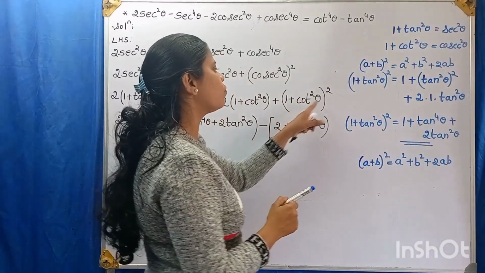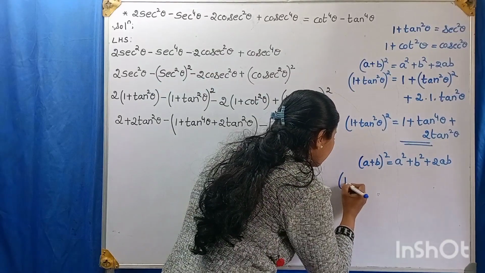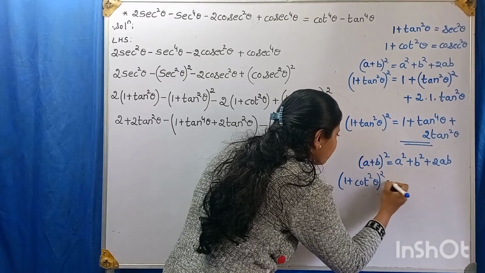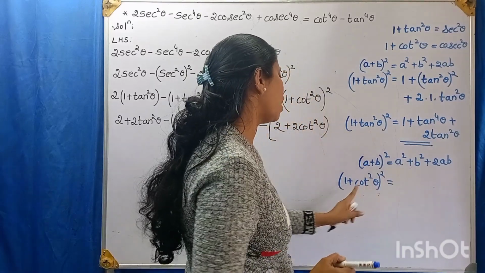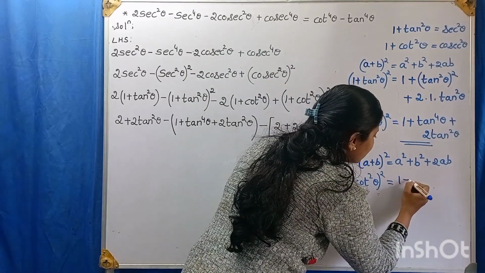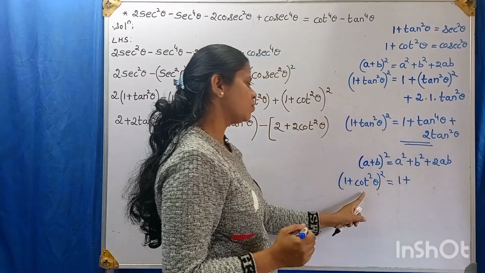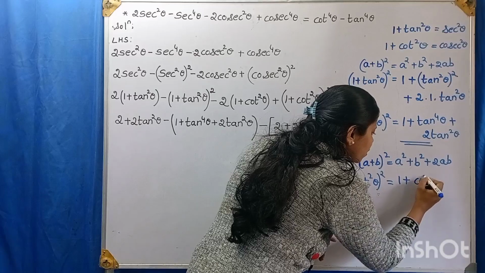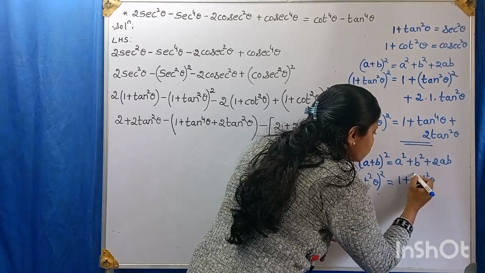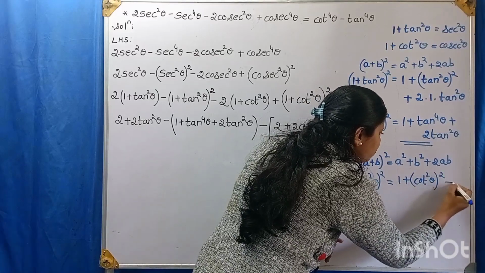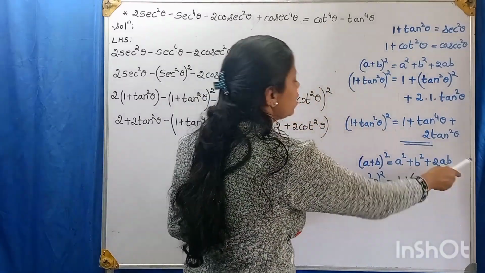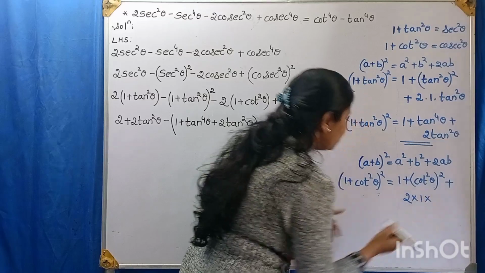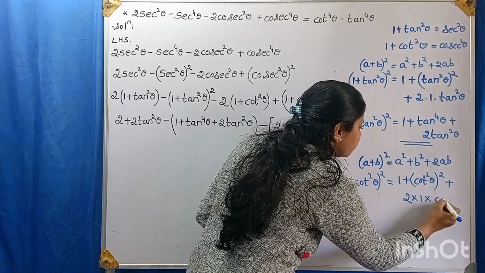In the place of a, we have 1, 1 squared is nothing but 1. b squared means (cot²θ) the whole square. Plus 2 into a into b, that is 2 into 1 into b, b means cot²θ.